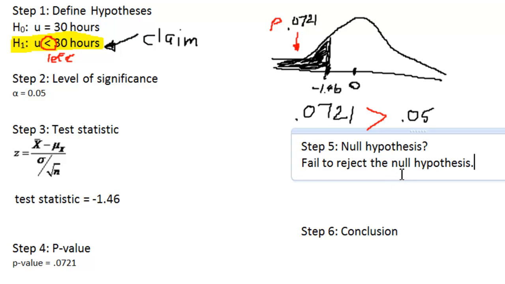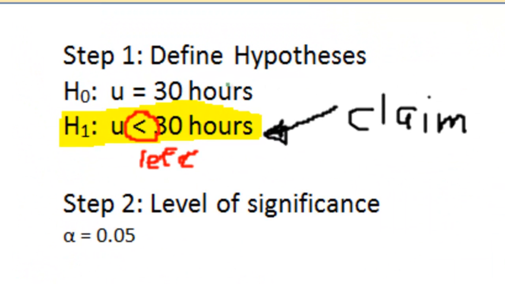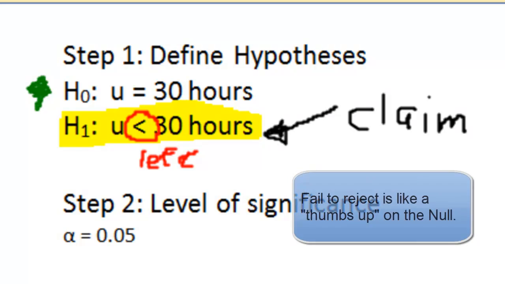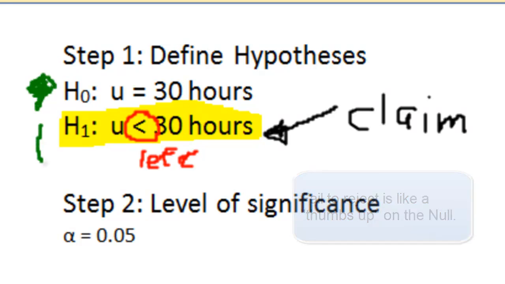Another way to do this, and I often do this in class, is I go over here to our null and alternative hypotheses for a moment. If I fail to reject the null, I like to sometimes just draw an arrow pointing up on the null. That's supposed to be an up arrow. It's really hard to draw. Which means, in essence, I am pointing an arrow down on the alternative.